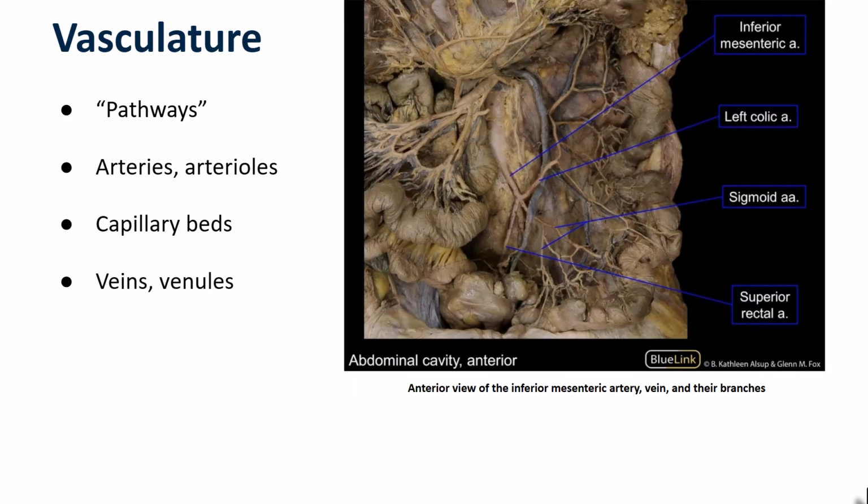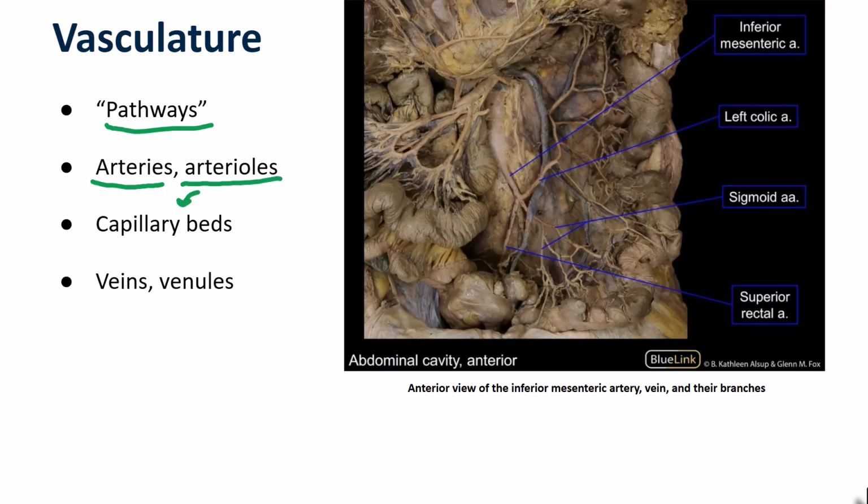Vasculature are just the vessel pathways through which blood is pumped and distributed throughout the body. Arteries carry blood away from the heart. As we move successively closer to metabolically active tissues, those arteries narrow into arterioles. Arterioles feed into capillary beds.